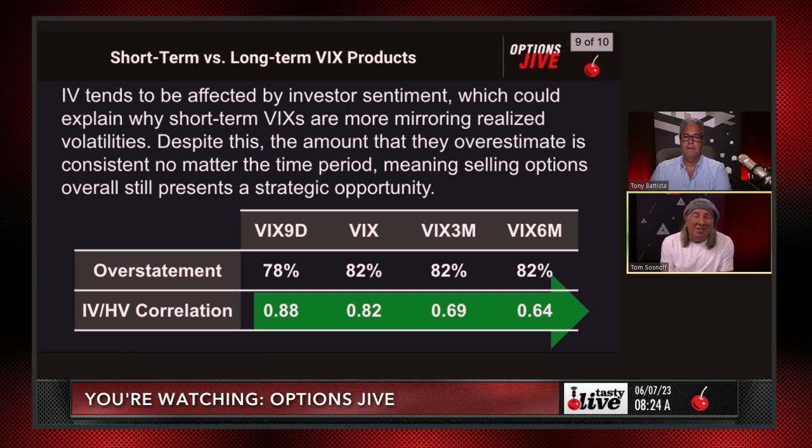I mean, it's taking a little liberty there, but the reality is that the overstatement is pretty consistent across the board. Although the correlations drop off a little bit as you go further out in time, in the shorter time frame you're always going to have higher correlations, but the overstatement stays consistent throughout.